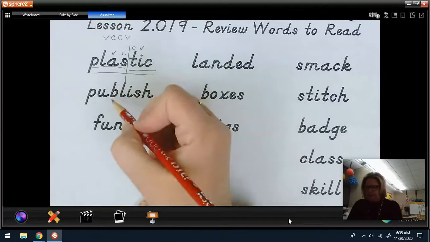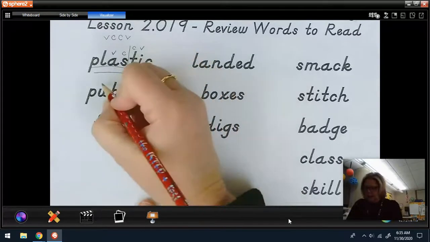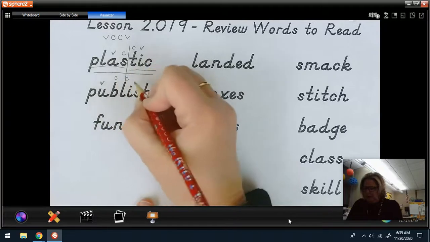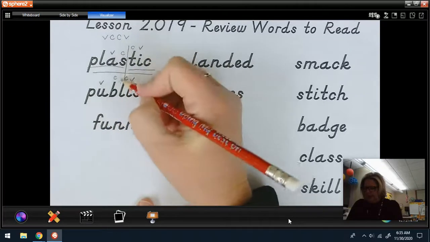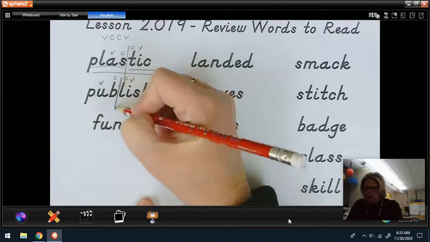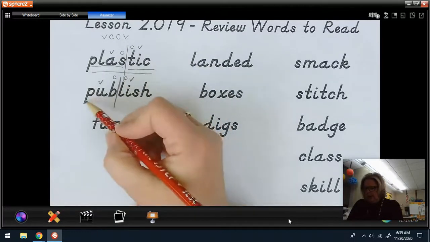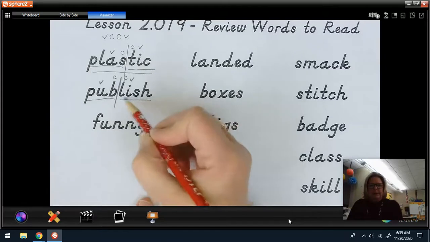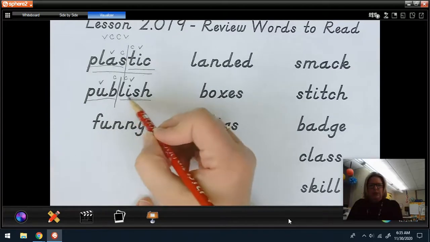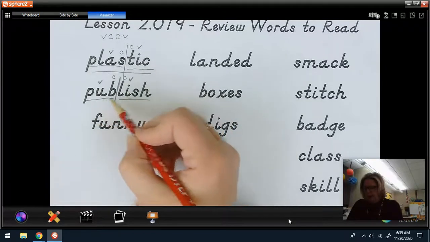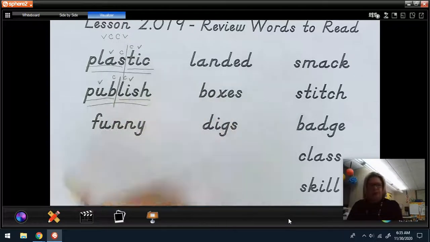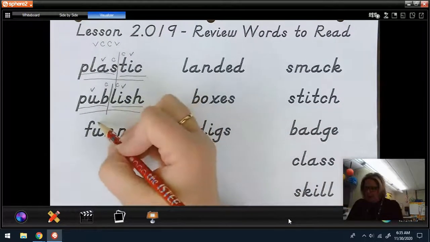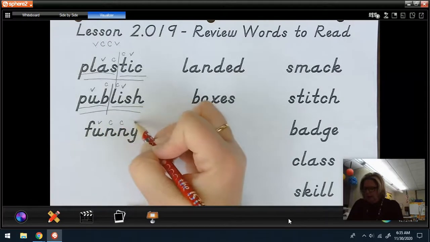Okay, let's look at the second. So we have a vowel, consonant, consonant, vowel. We'll divide between the two consonants. The first syllable is pub, and the second syllable is lish, publish. And the next word, vowel, consonant, consonant, vowel.